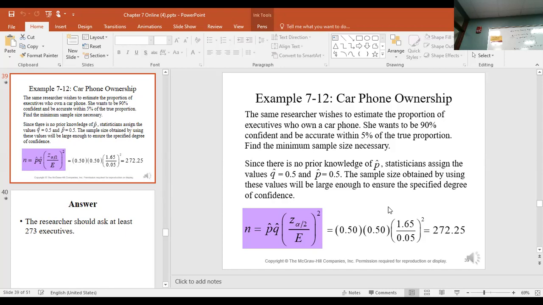No estimate for P. So choose P equals 1 over 2, Q equals 1 over 2. C equals 0.9. Z alpha over 2 equals 1.65. So n will be 1 over 4 times 1.65 over 0.05, squared.